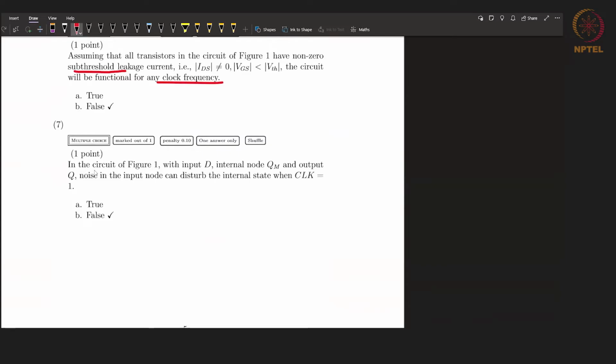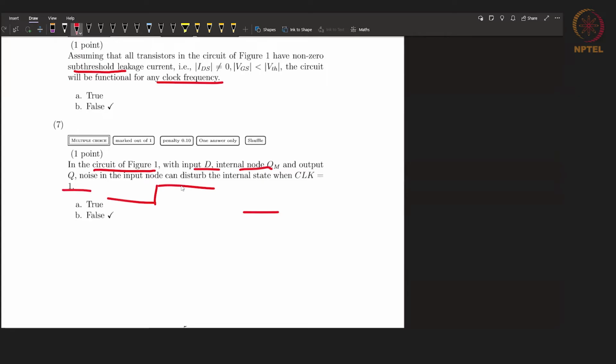Question 7. In the circuit of figure 1, with input T, internal node QM and Q, noise in the input can disturb the internal state when clock equal to 1. So when the clock is at a particular value, 1 or 0, it cannot disturb. Only at the positive edge, right? Why?